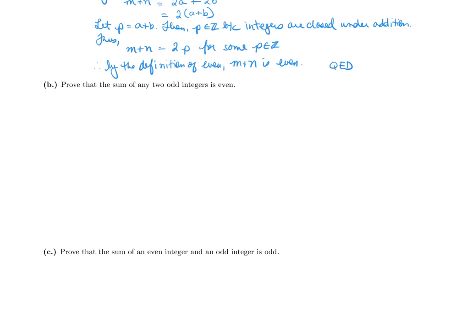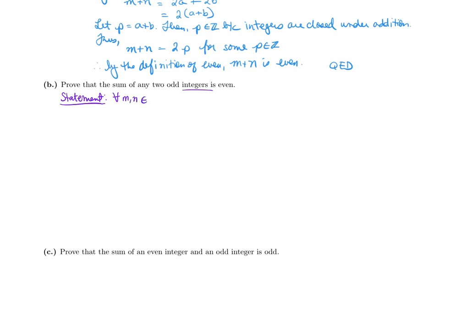So we're going to start with our statement for part B. Prove that the sum of any two odd integers is even. So our statement says we need to figure out what the domain is. Well, we have integers. So we know again that we have two integers. So I'm going to use m and n again.